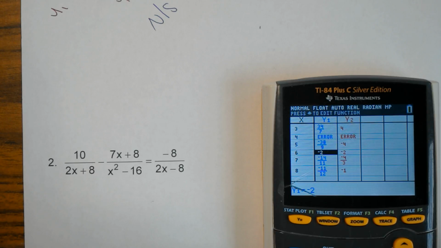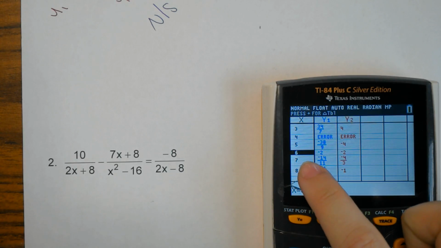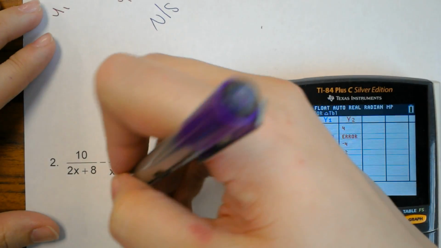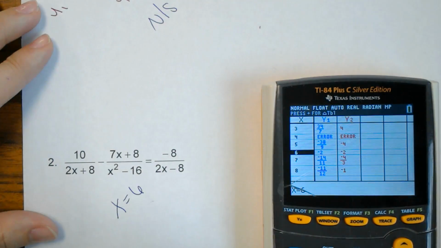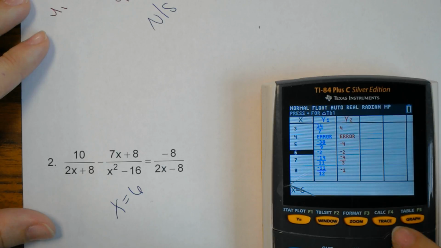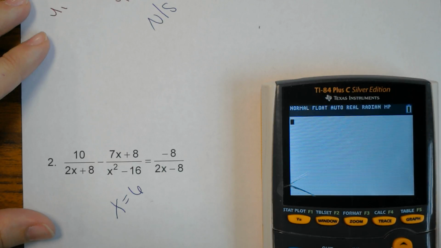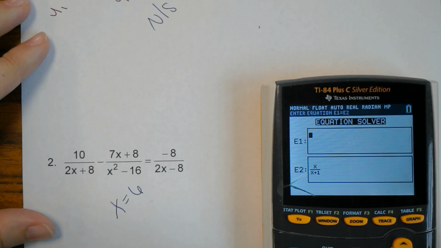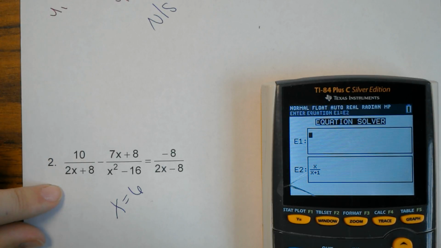And look, at 6, -2, -2. So if the y's are the same, that x value is my answer. So I'm going to go back to the math solver and see if it'll give me the answer in here too.